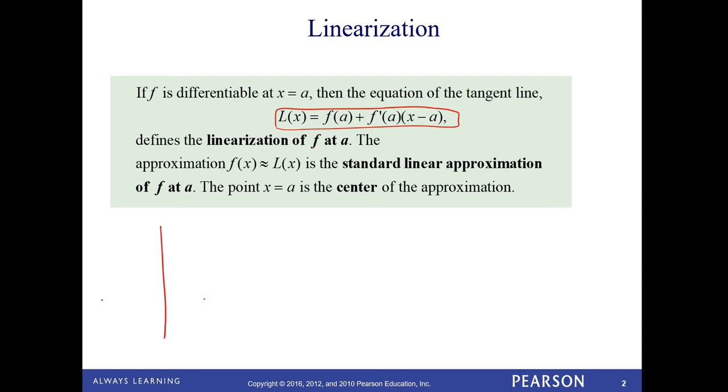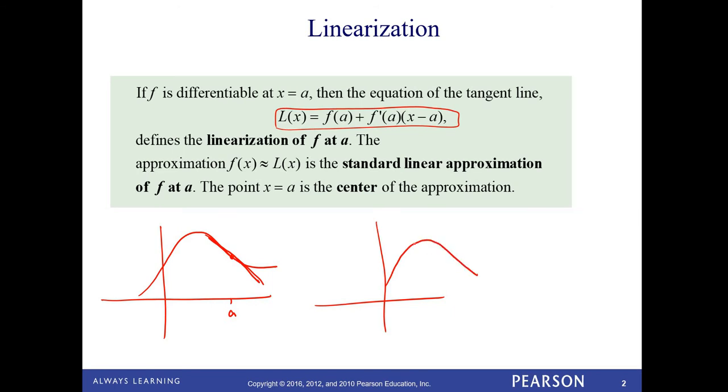So what we're talking about here is if we have a function that is differentiable at a point a, if I draw a line tangent to the curve at that point, then that line is going to be a pretty good approximation for the function value near the point of tangency. Let me draw a little better picture because that one's hard to see the difference.